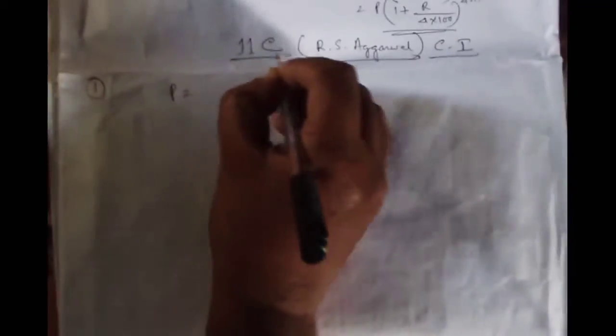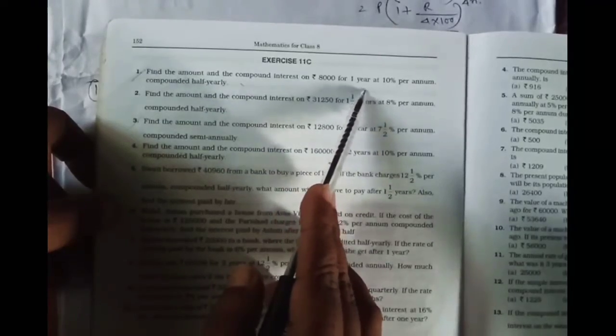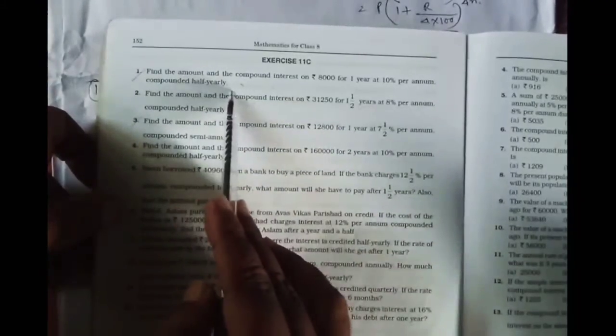So next, moving to exercise 11C of the R.S. Agarwal math book, compound interest. Here, as you can see, we have to find the amount and the compound interest of rupees 8,000 for 1 year at 10% per annum compounded half yearly.